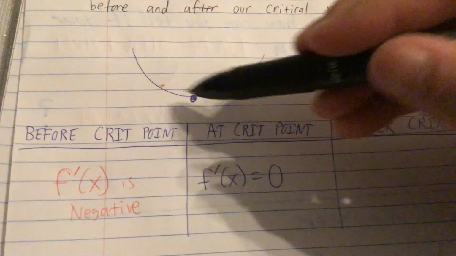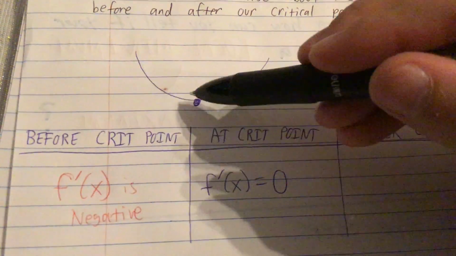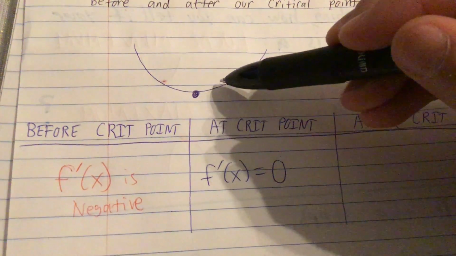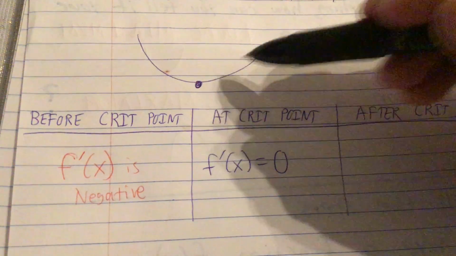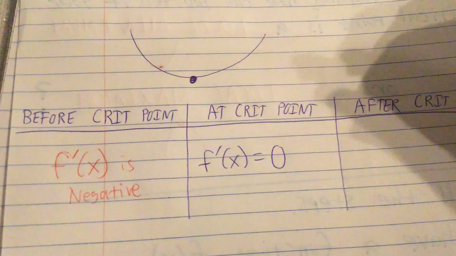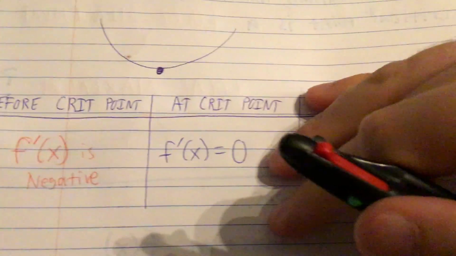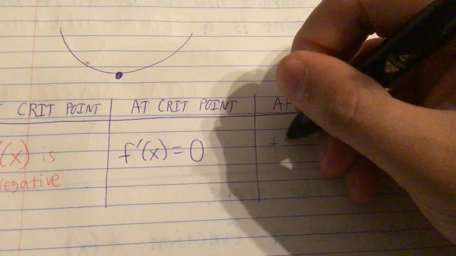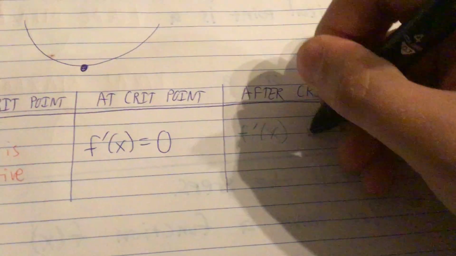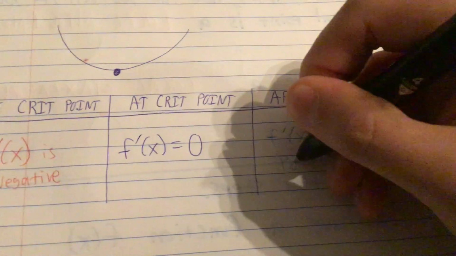Then the critical point has a horizontal tangent line, and then what happens to the curve? What is the tangent line, positive or negative? It starts to rise. So that tangent line is positive. So f prime of x is positive.